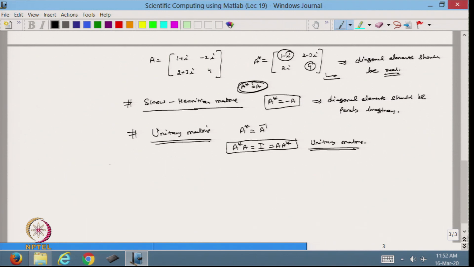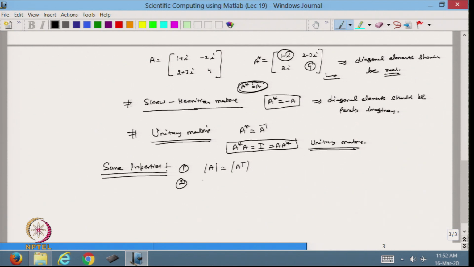Now, we define some properties of the matrix formulation. The first one is the determinant of A is same as the determinant of its transpose.